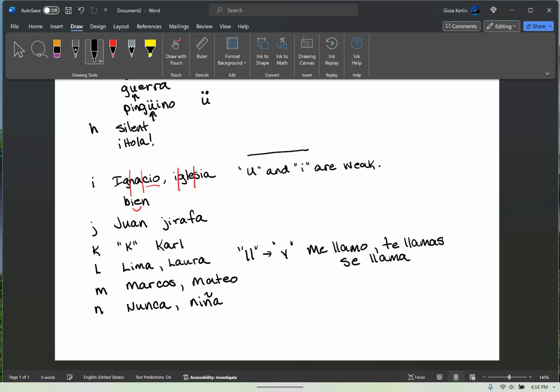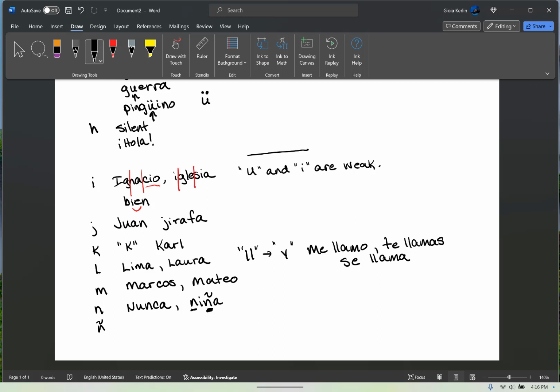Now you will notice there's an N right here, but there's an Ñ right there with a squiggly on top of it. That is our next letter of the alphabet, Ñ. And it is a letter all by itself. It is different from N. So spelling is important. There's a difference between some words when you spell them with an N versus an Ñ.